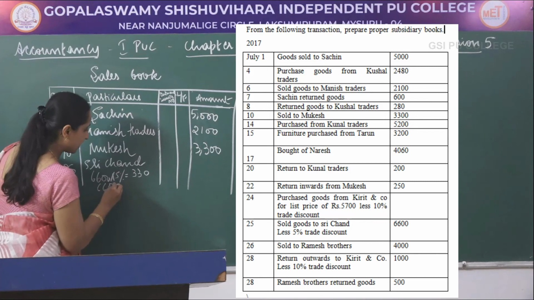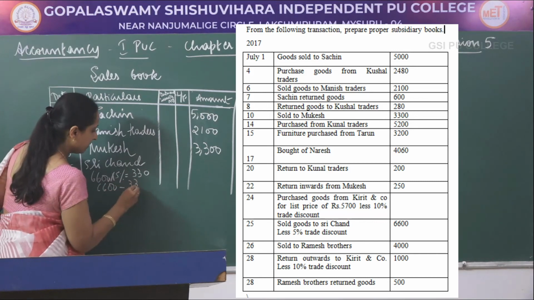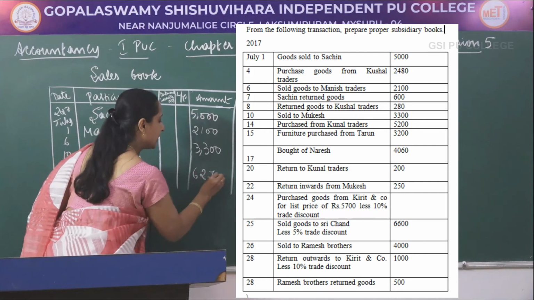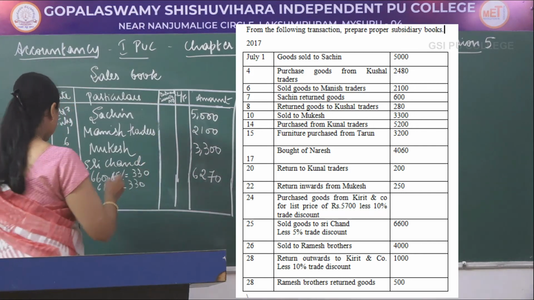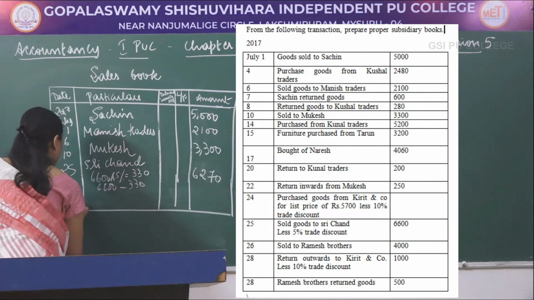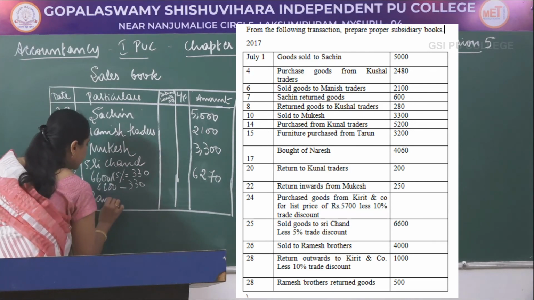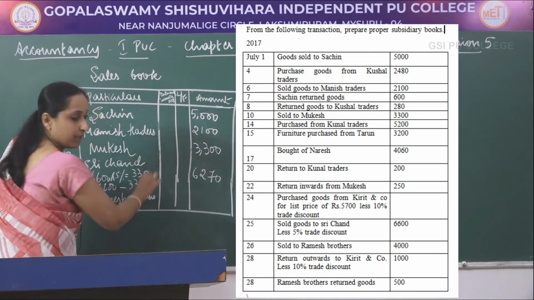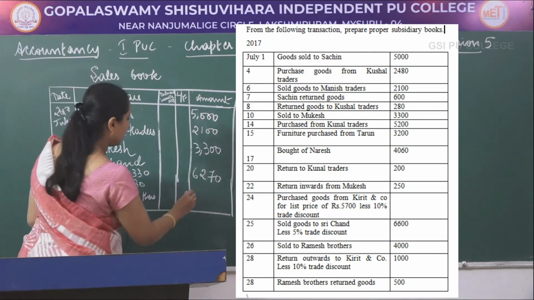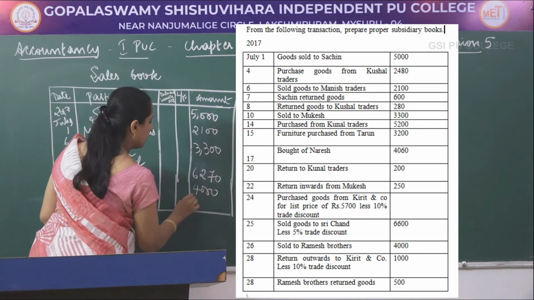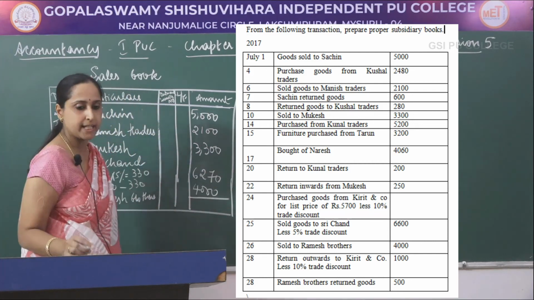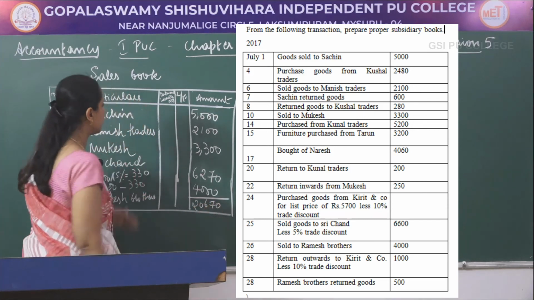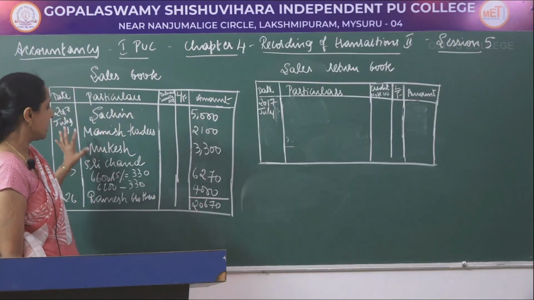If I subtract 330 from 6,600, I get 6,270. On 26th, we had sold goods to Ramesh Brothers worth rupees 4,000. So if I total this, I get 20,670. So these are the transactions which we enter in the sales book.